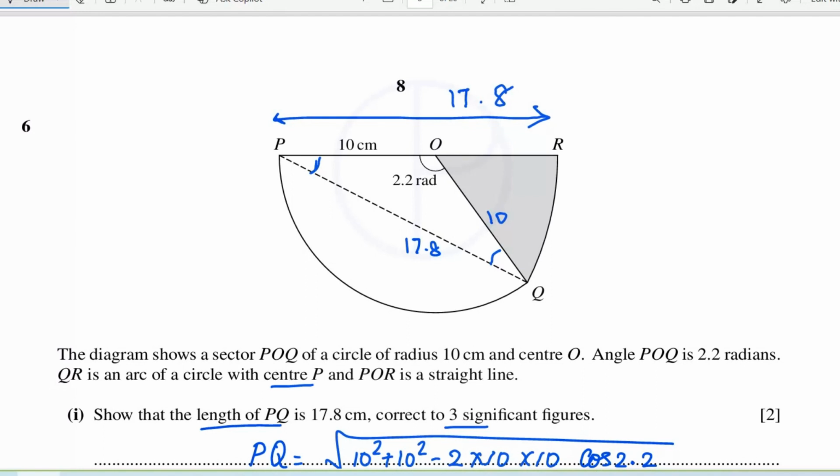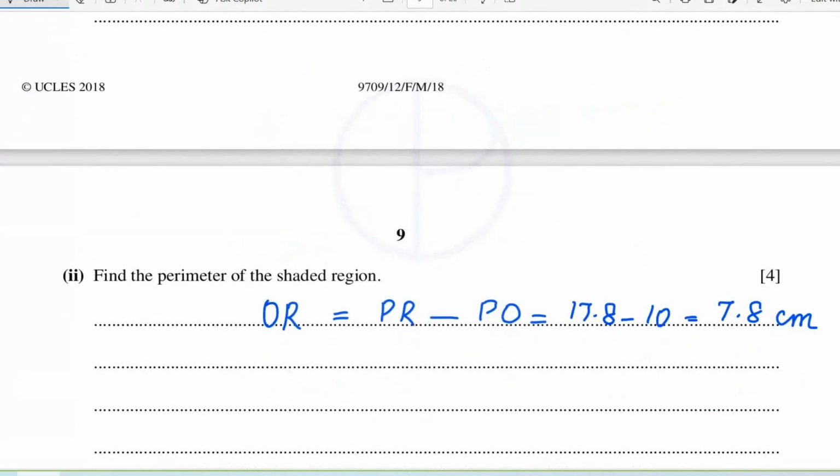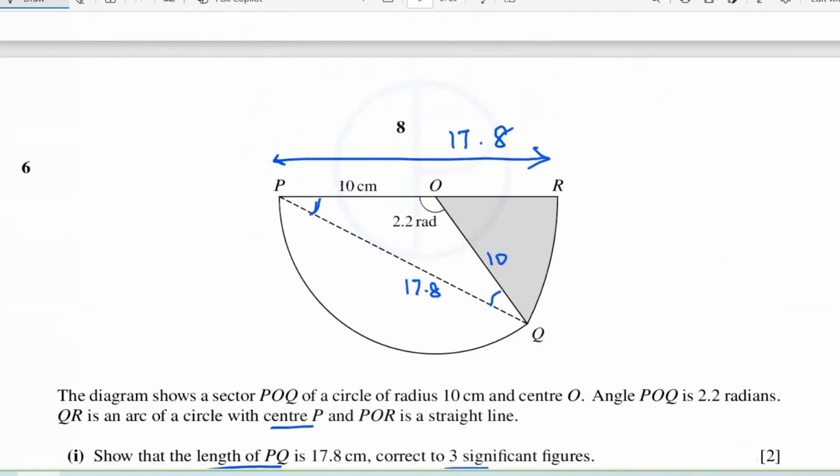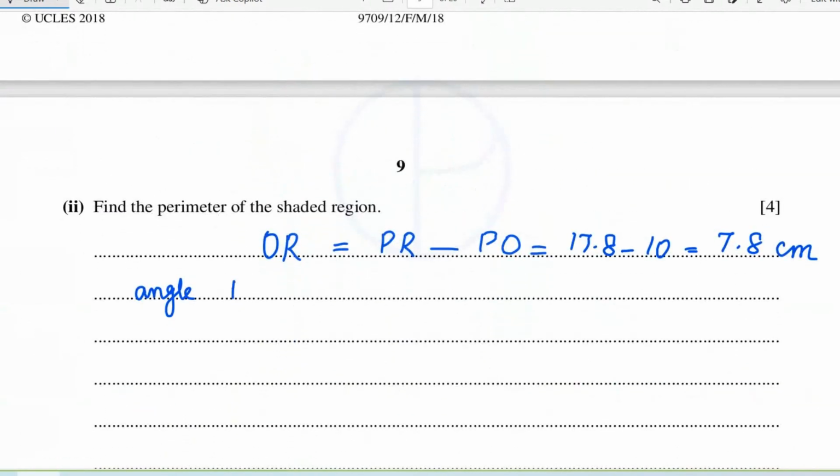So pi minus 2.2 divided by 2 will be the angle at P. So angle RPQ is pi minus 2.2 divided by 2.